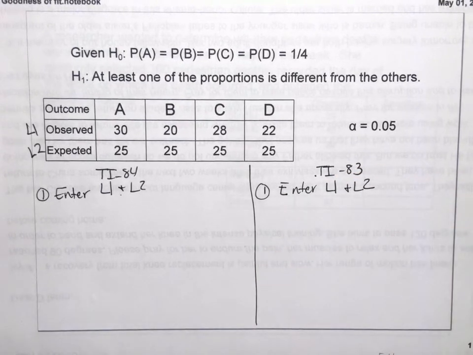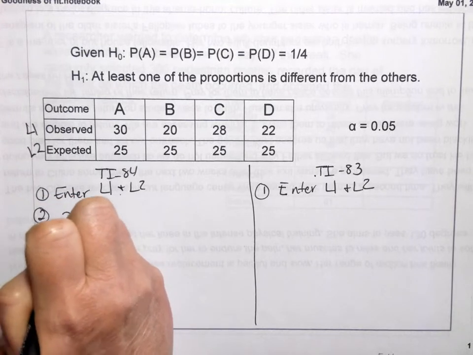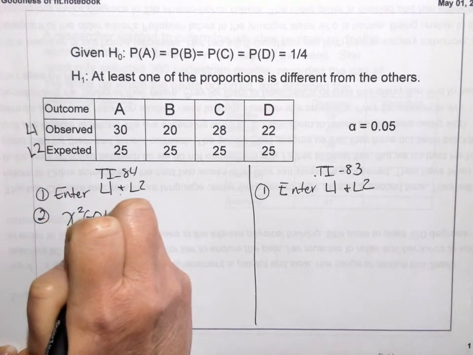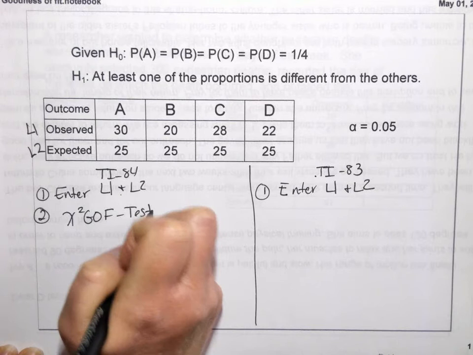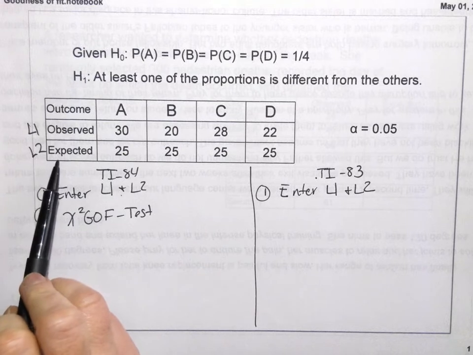Now, for the 84 users, hit Stat, Tests. We're going to go all the way down to chi-squared goodness of fit test, the chi-squared GOF test. It says observed is in list 1, expected is in list 2.